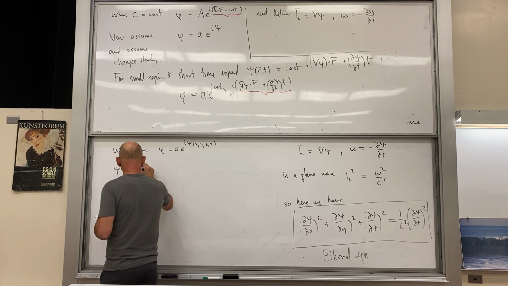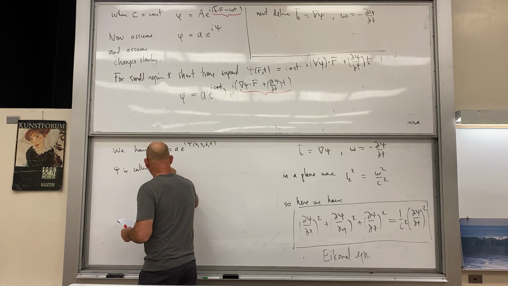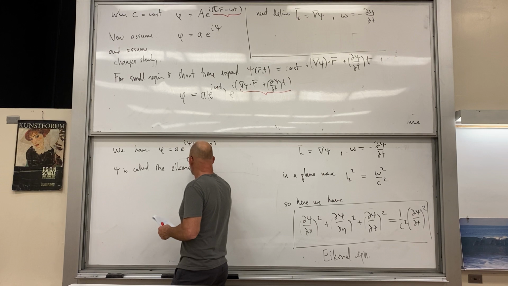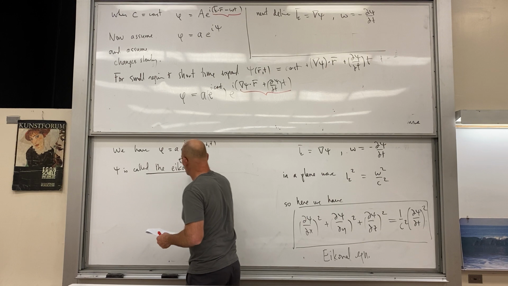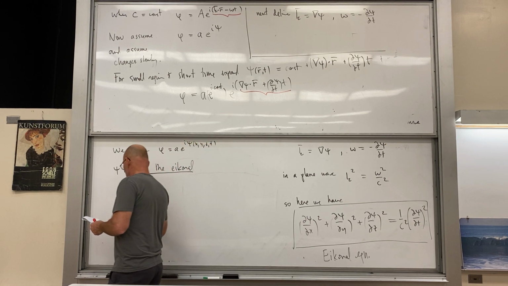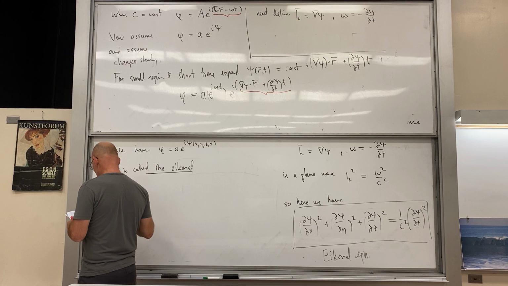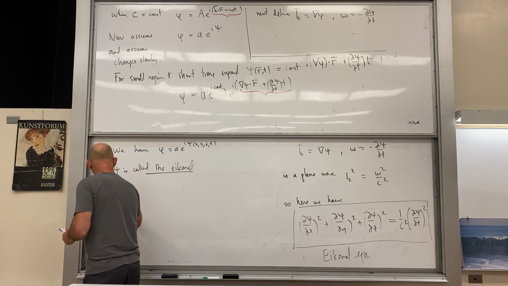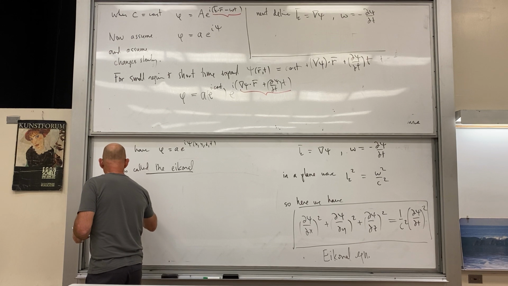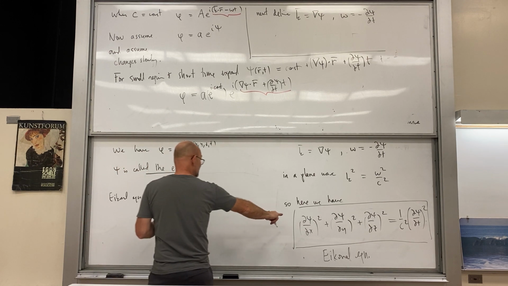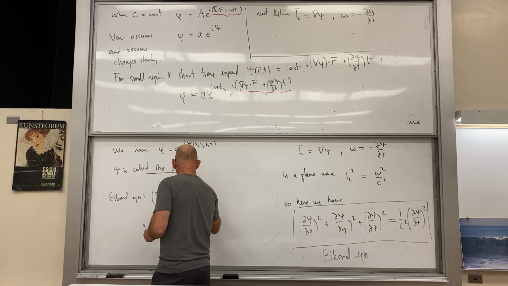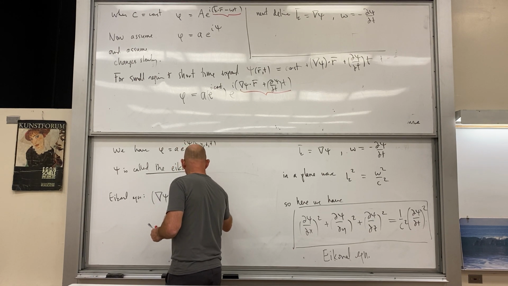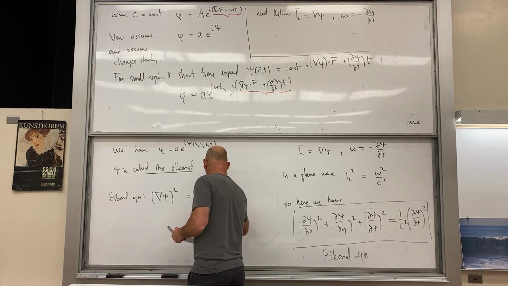This thing C, so this phase, is called the eikonal, E-I-K-O-N-A-L, eikonal. And the differential equation I just wrote can also be written, so we have it right there. We can also just shorthand, we can say it's the gradient of C squared equals 1 over C squared times (∂C/∂t) squared.